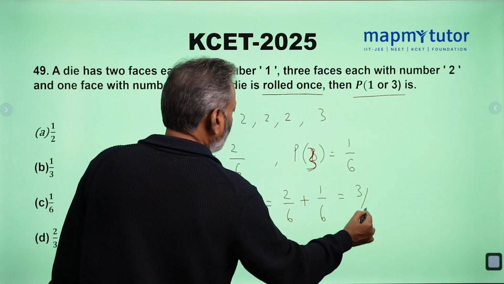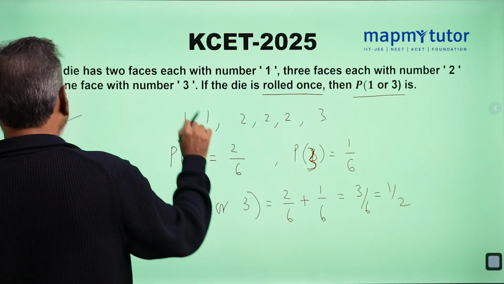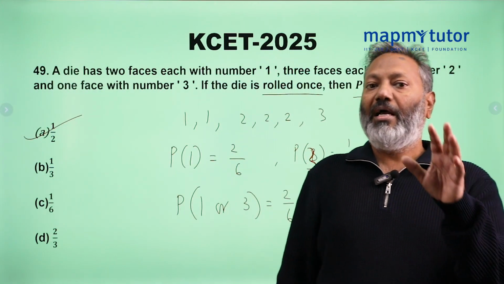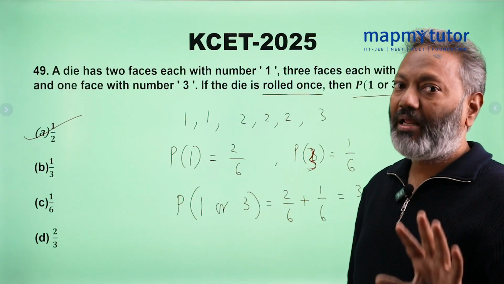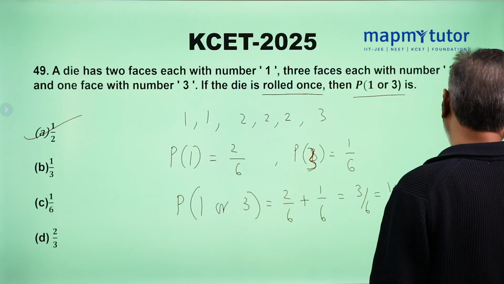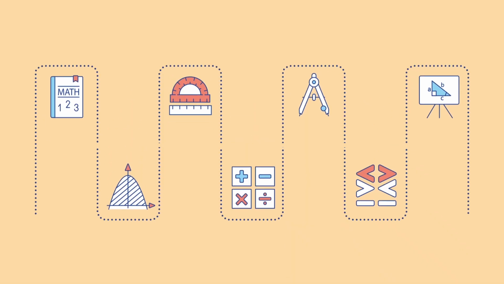So it is 3 by 6, which gives you 1 by 2. Where is it? Option A again. So, a simple question, but a special die is mentioned, not a regular die. Okay, instead of 1, 2, 3, 4, 5, 6, it is 1, 1, 2, 2, 2, 3.